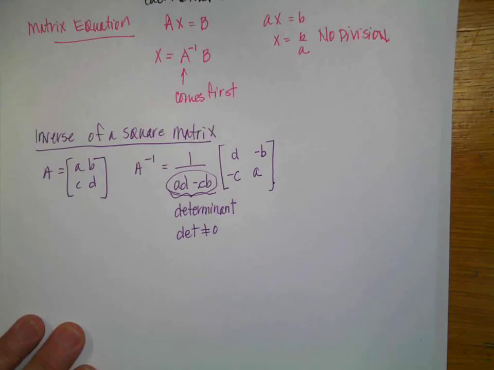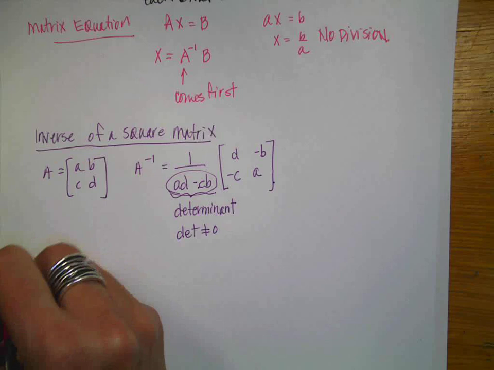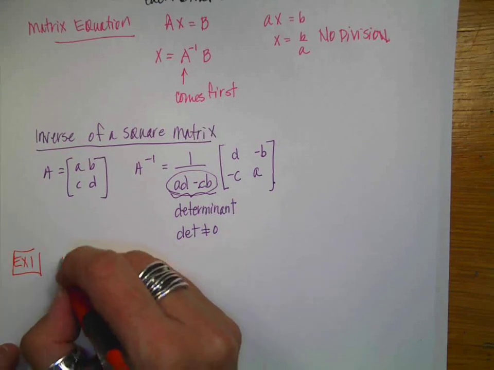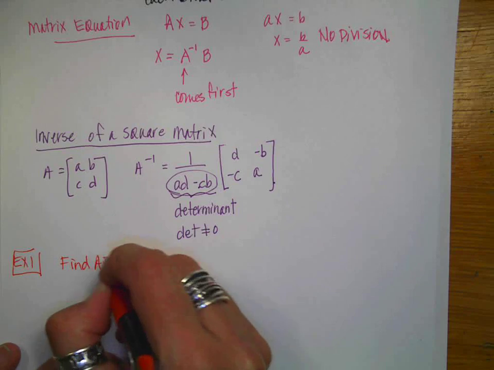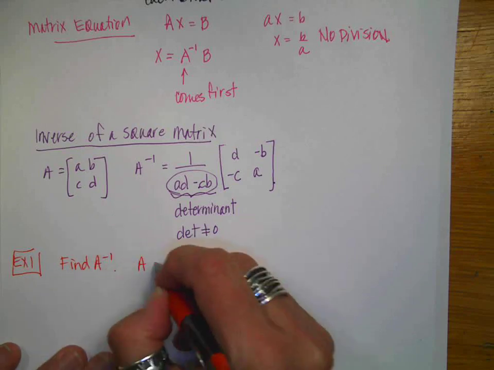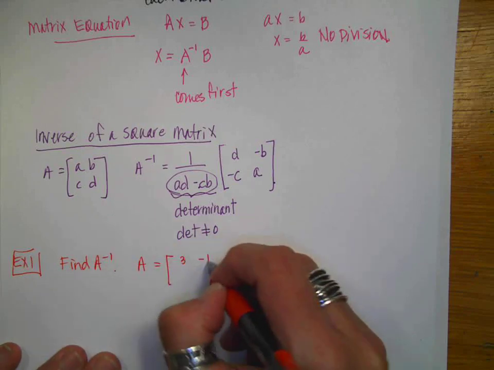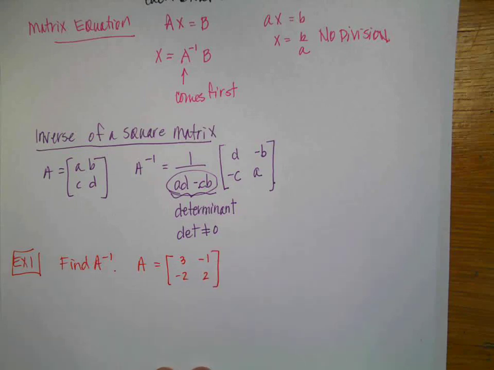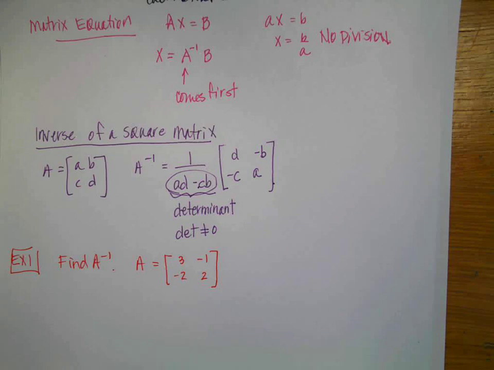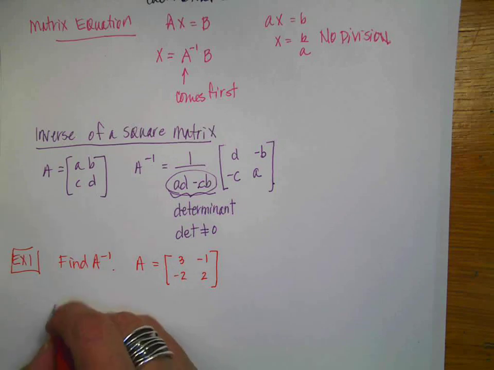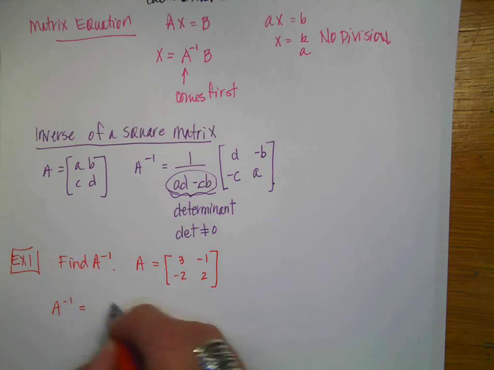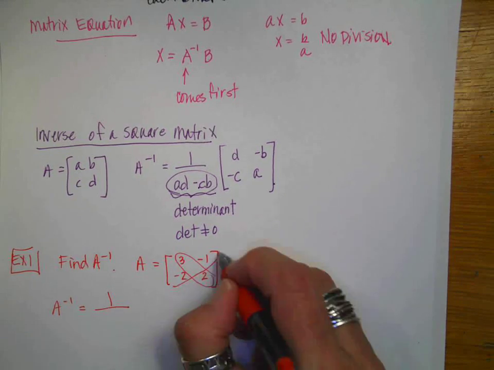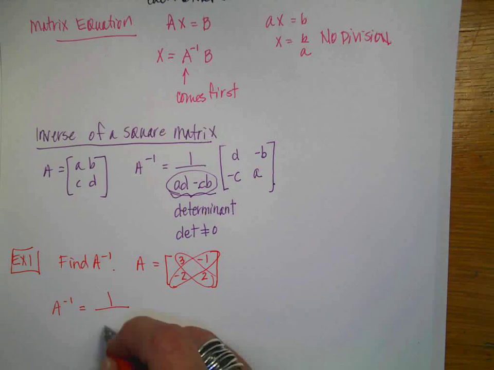So let's do our first example. Example number 1, you're going to be asked to find the inverse, and you're given that A is 3, -1, -2, 2. Yes, I could do this in my calculator, but we're going to do it by hand. So the inverse of A is equal to 1 over this product minus this product.